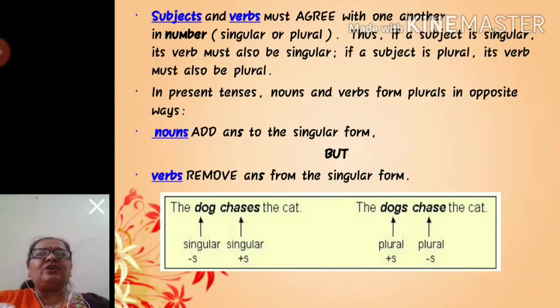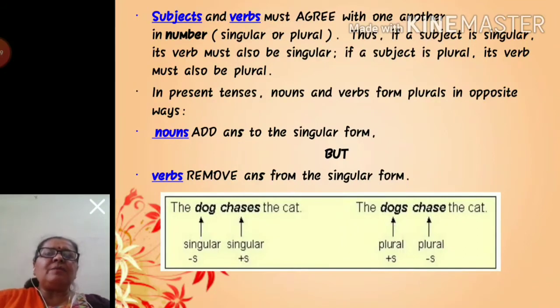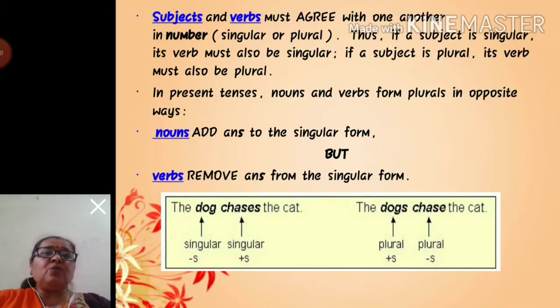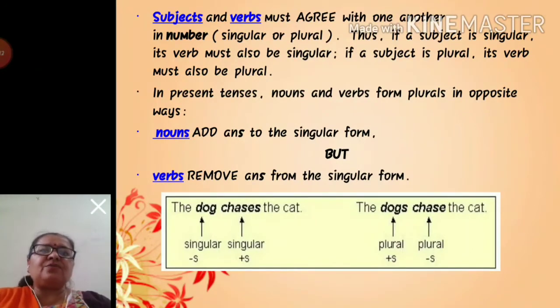See, the dog chases the cat. So here the dog is singular, because it does not have an s, and chases takes an s. The dogs is plural, so the verb is not taking the s, chase.